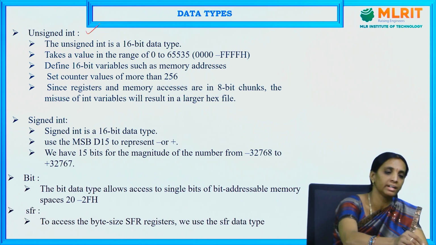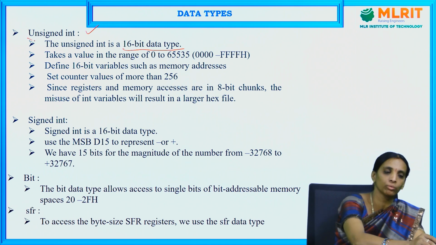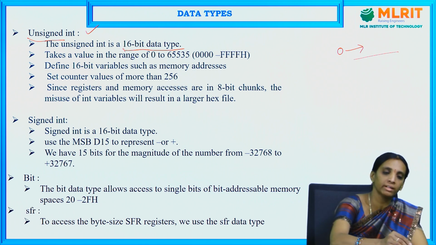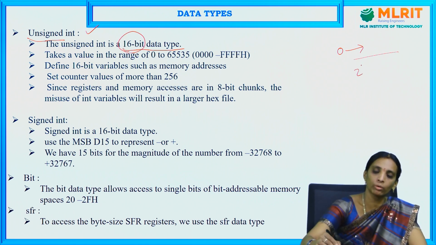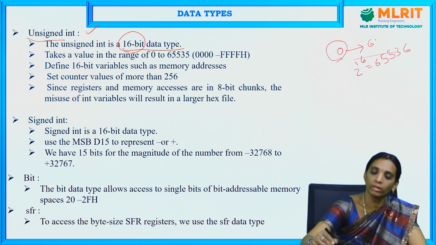Next, unsigned int. It is a 16-bit data type, and here also we have unsigned. Unsigned means we have only positive values, starting from 0. Since it is a 16-bit data type, 2 power 16 is 65,536, and as it starts from 0, we have to count 0 also, so the range is from 0 to 65,535.